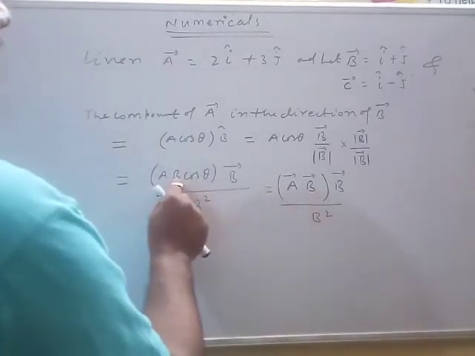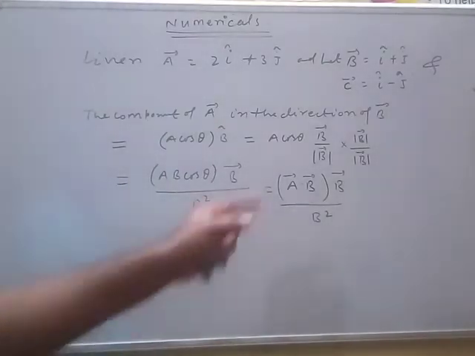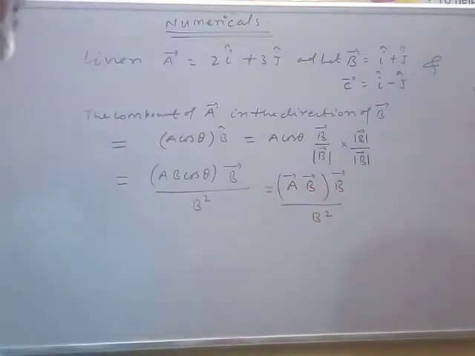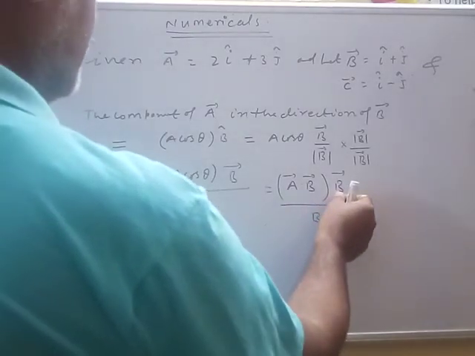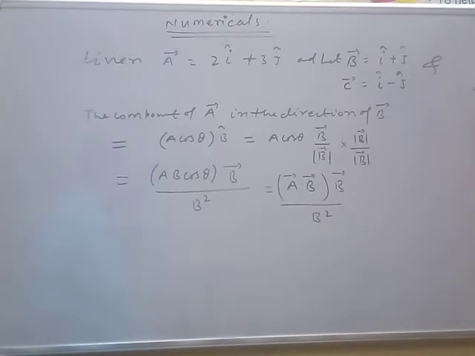Now AB cos theta is equal to the dot product A dot B. Dot product is the simple product.